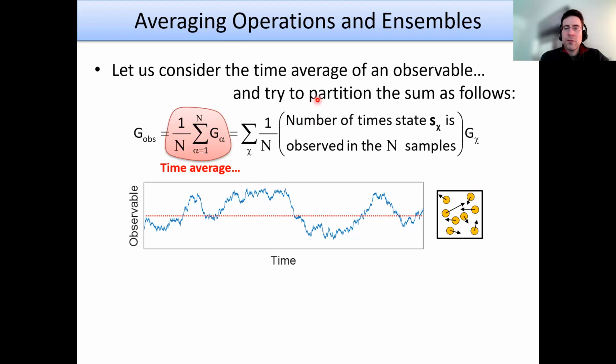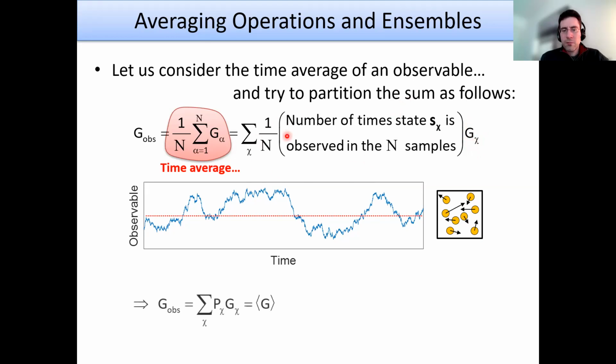This is exactly what this equation tells me. I count the number of times that state is visited among the n samples that I have, divide by this n over here, times this observable evaluated at that state.